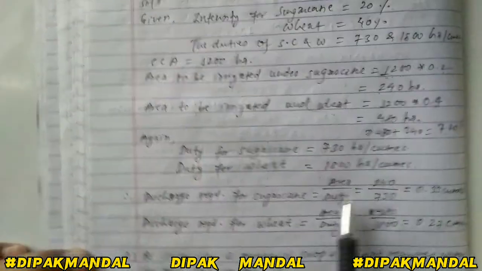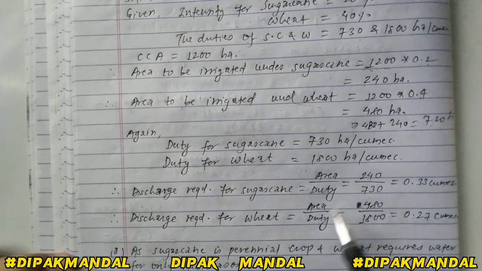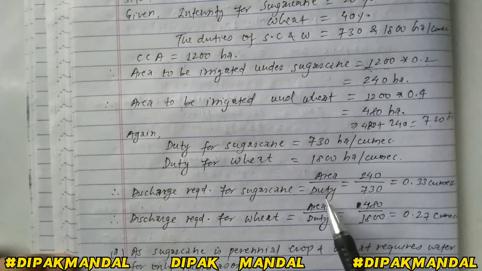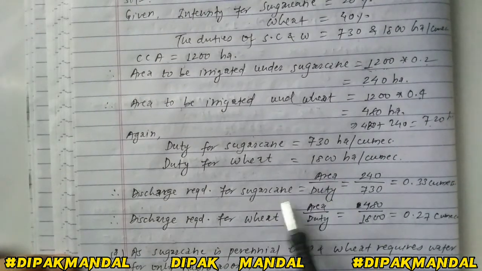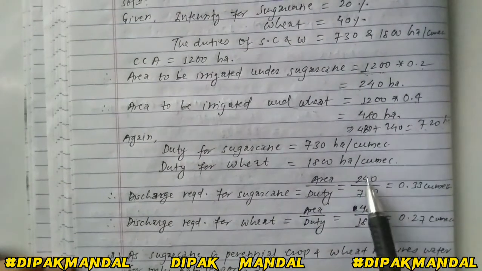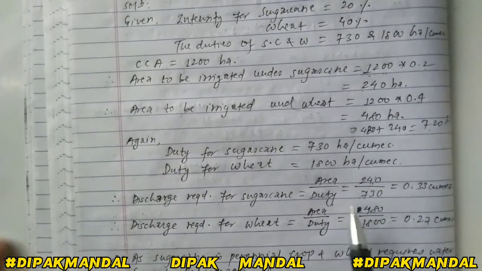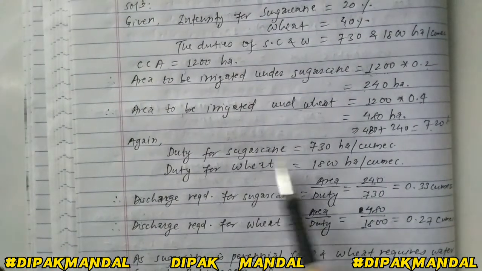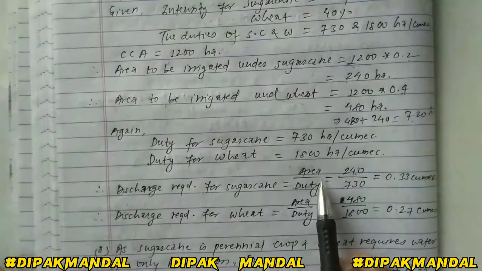Now we can calculate the discharge required for sugarcane. We simply divide the area by the duty. The area calculated for sugarcane is 240, and the duty of sugarcane is 730. We just divide to get the discharge.